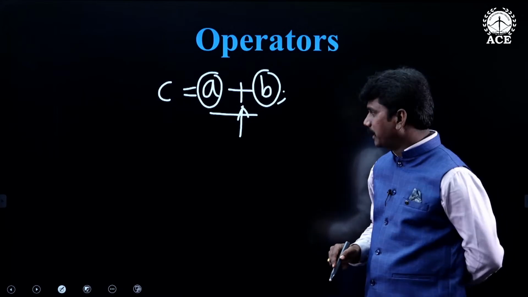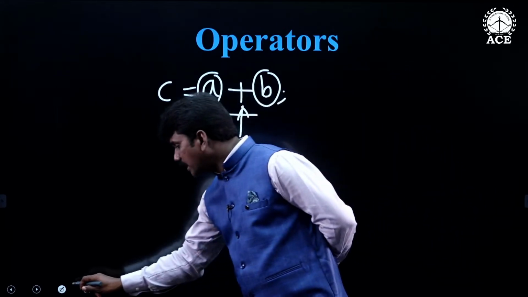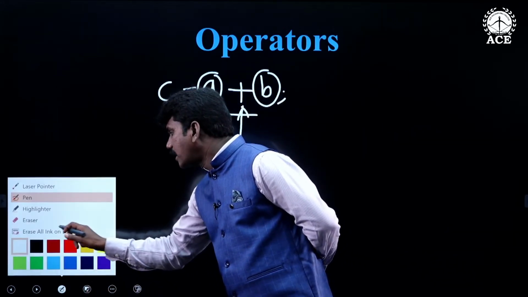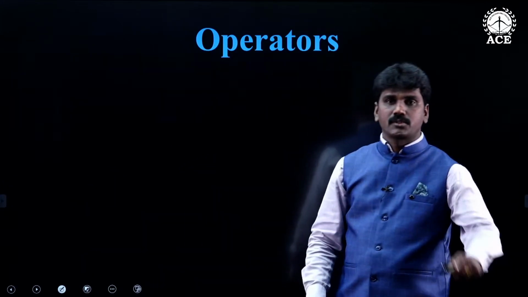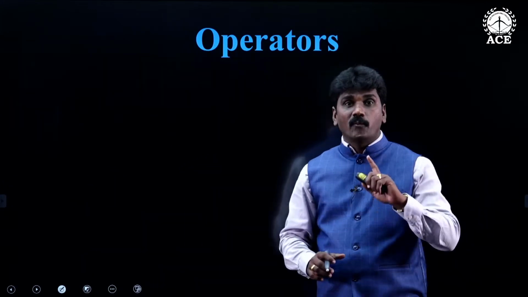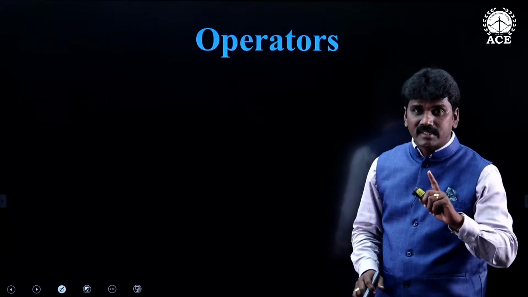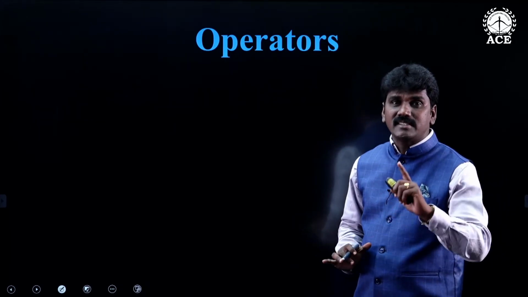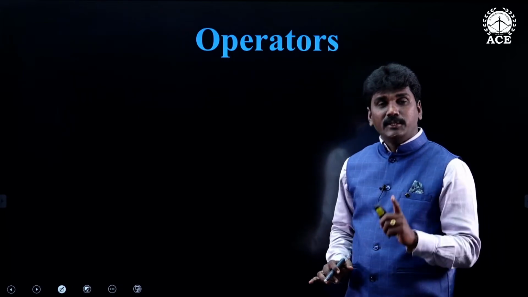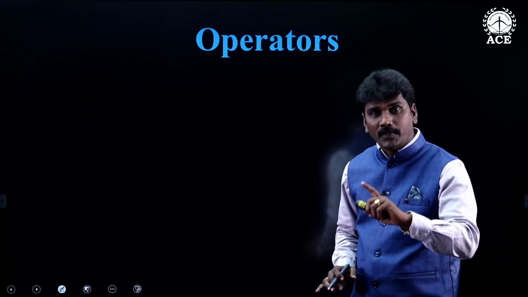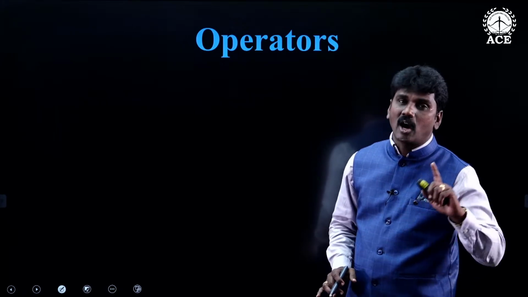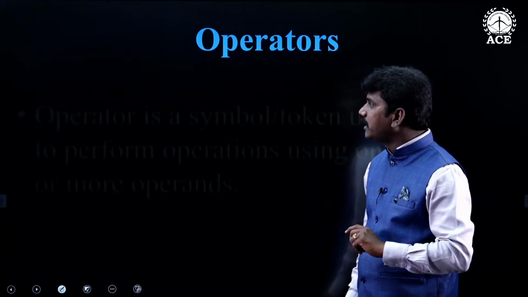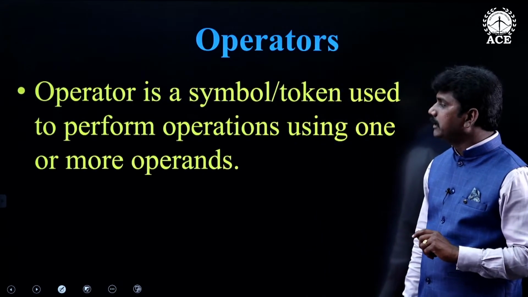Let us understand what operators are available in Java. First we saw what an operator is: a symbol or token used to perform an operation by the help of operands. What are the different operators available in Java?